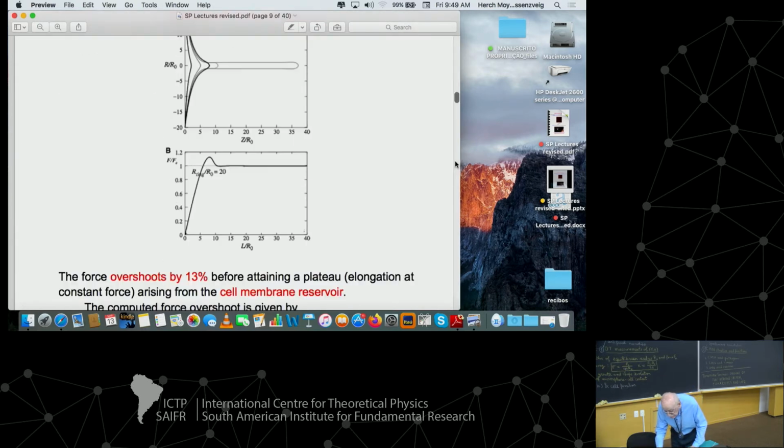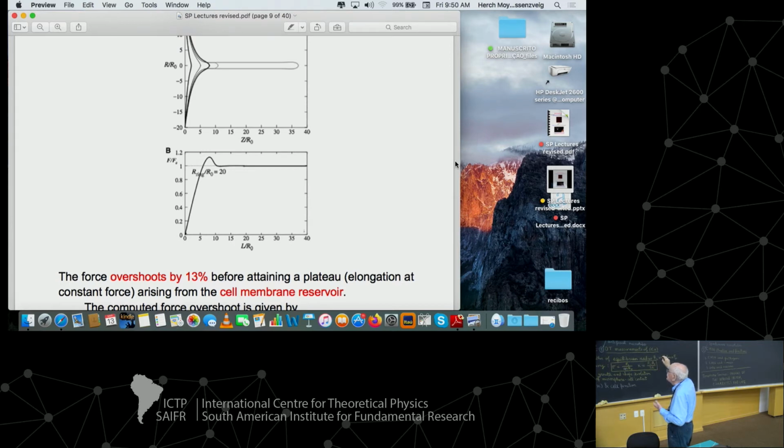Okay. Now, if you compute it this way, you find that this kind of phase transition takes place with a kind of overshoot, because eventually there is a plateau, okay? And why is there a plateau? The plateau means that you keep pulling, and the force remains constant.